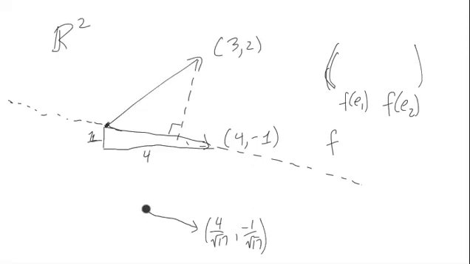Let's think about what happens if we take E1, which is (1, 0), and we want to know how that projects onto the line. Let's draw this a little bit bigger. So we have this vector, which is (1, 0), and then we have this unit vector down here.